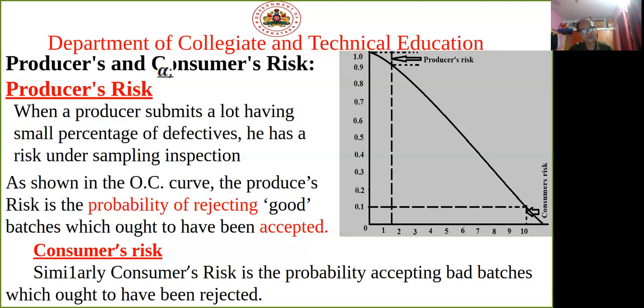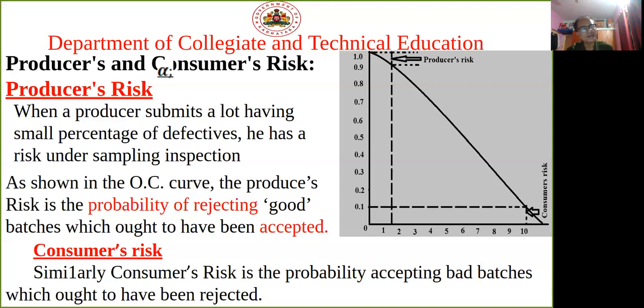All the 5 items may be of bad quality. When you inspect these five, that is the sample size, assume that they are bad, and who knows, the remaining 95 items may be good. That is the risk of the producer: the probability of rejecting a good batch that would have been accepted.